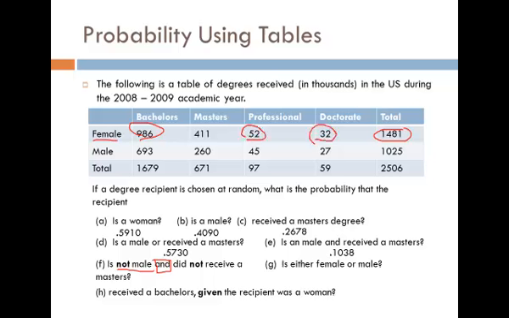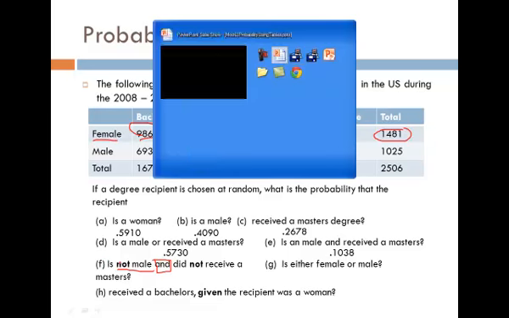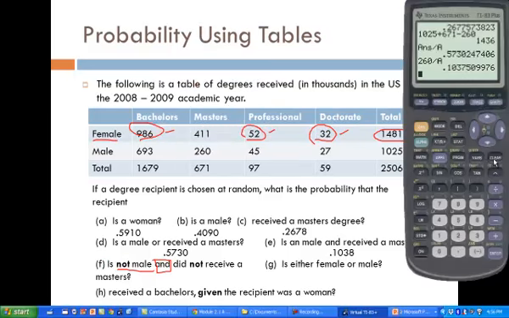The 986, the 52, and the 32 are the ones we're talking about, because those people did not get a master's degree and they're female. So we go 986 plus 52 plus 32, and that's 1,070 women who did not get a master's, and then divide that by, once again, A. So 42.70%.